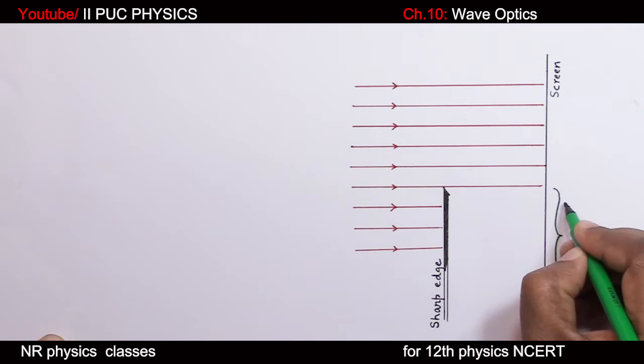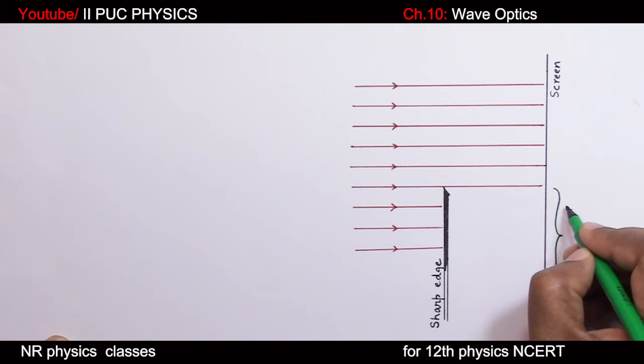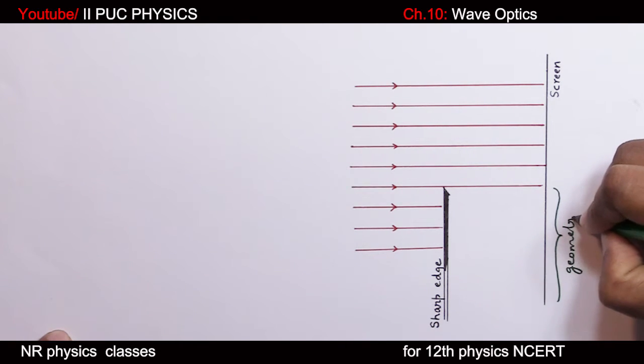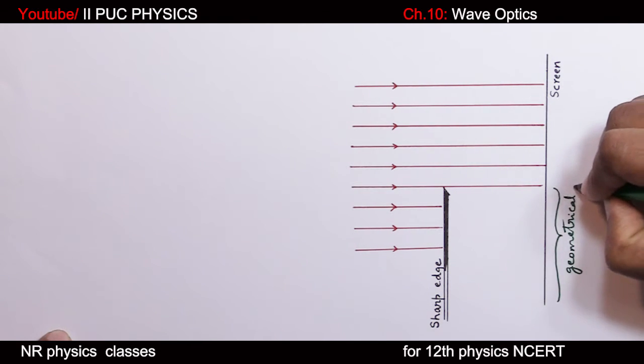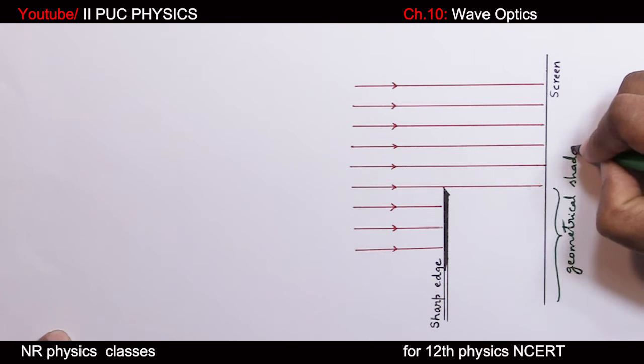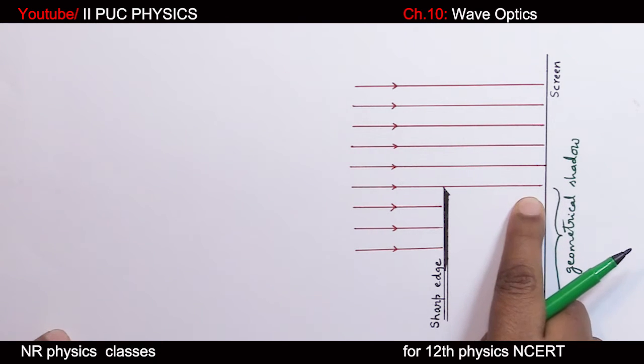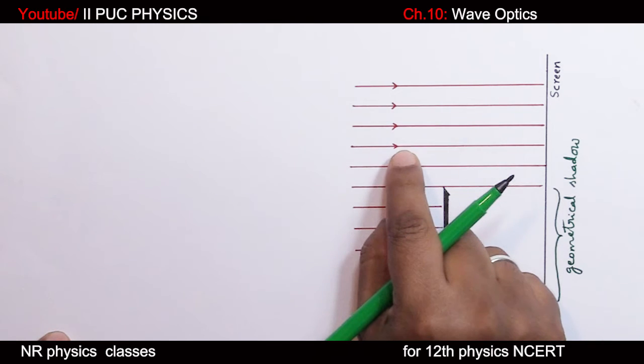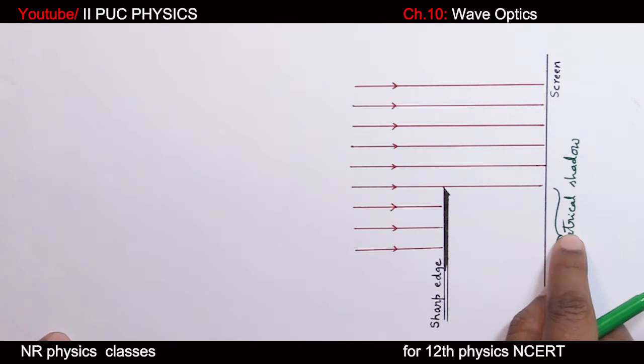So this shadow is called geometrical shadow. Why is it called geometrical shadow? Because geometrical optics is used. Geometrical optics is nothing but ray optics.